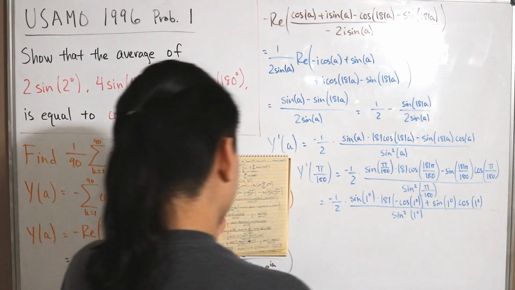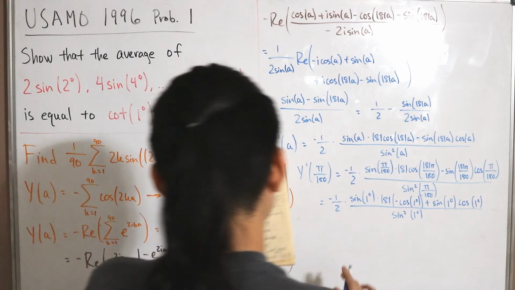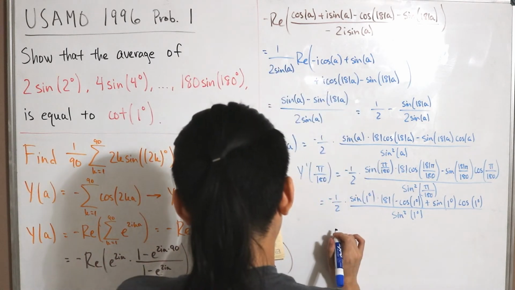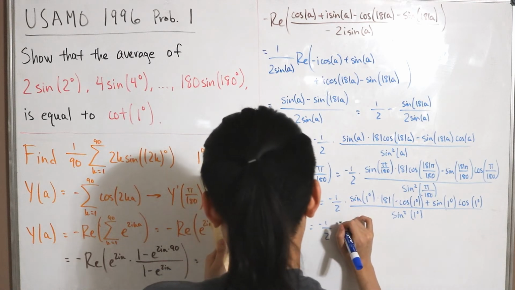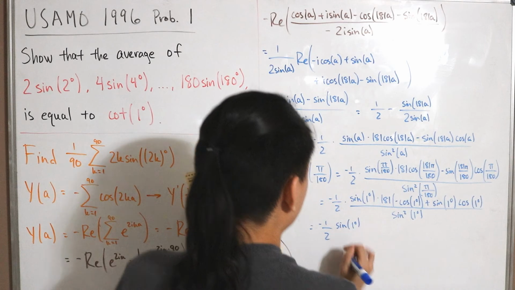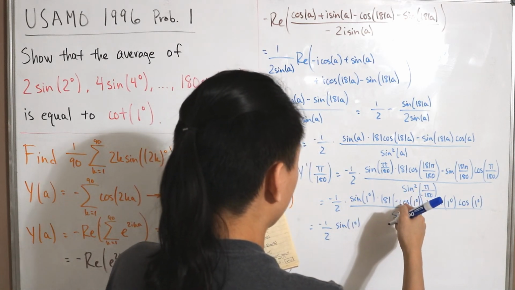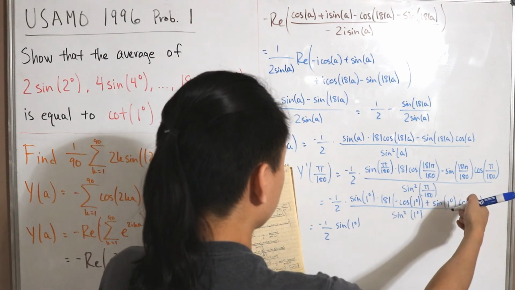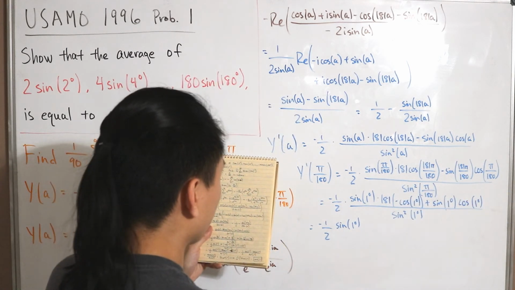Okay, and so with everything here, we can clearly factor out a sine of 1 degree, which will make things a little easier for us. So -1/2, then sine of 1 degree. But then that would also mean we have a negative 181 cosine of 1 degree, and then add this with cosine, so that puts us back to negative 180 degrees.